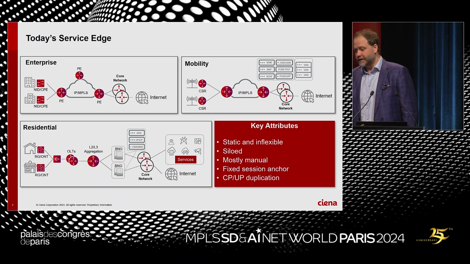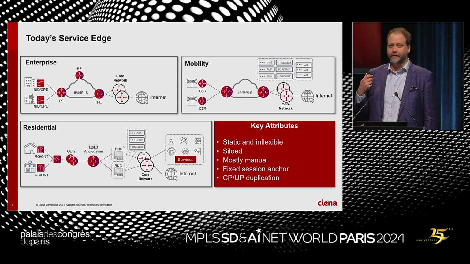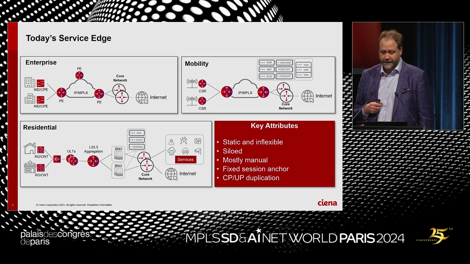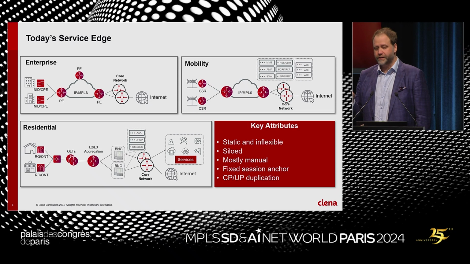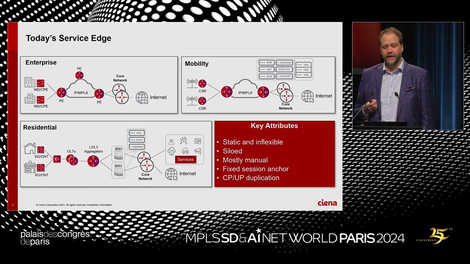So you see a lot of the infrastructure to realize these different services is relatively inflexible. It's kind of rigid, with fixed anchor points. You have the same functionality, the control plane and user plane functions, duplicated in multiple different isolated, siloed instances.